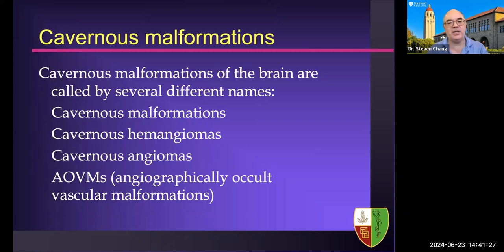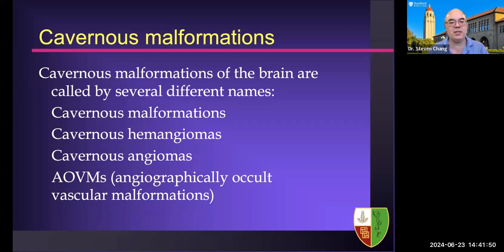Cavernous malformations of the brain are called by several different names, and I wanted to just explain what these names are. When you see these names in the medical literature, essentially these are all one and the same. I use the term cavernous malformations, and I think this is the most common term used.